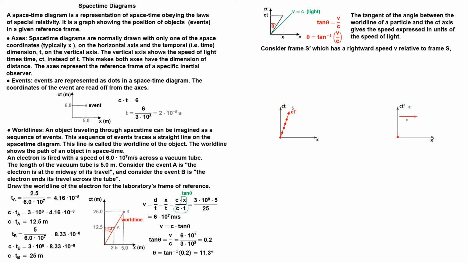But this worldline is just the collection of all events with x' equals 0, and is, therefore, the ct' axis of the frame S'. The ct' axis makes an angle theta with the ct-axis.